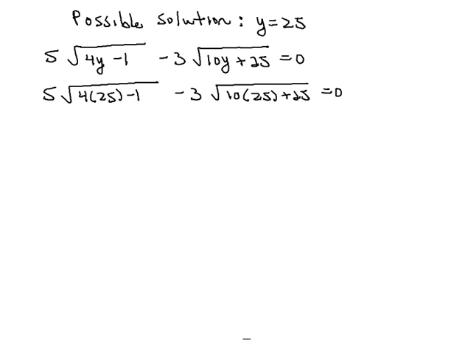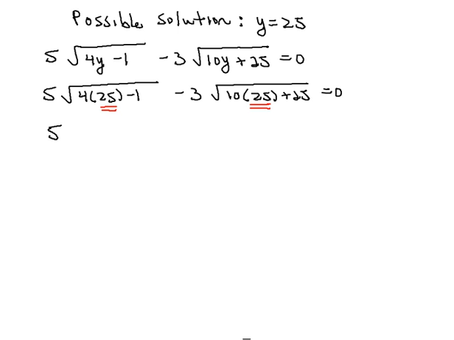Now checking the possible solution of 25 back into the original equation, you'll note that I've written the original equation first, and then I have substituted the 25 each place the y occurred in the original equation. And so what we'll do now is to carry out the simplification.